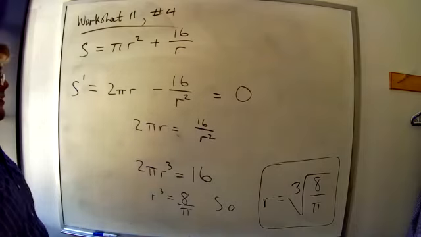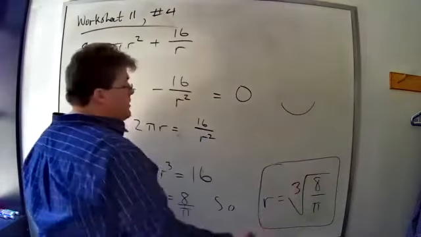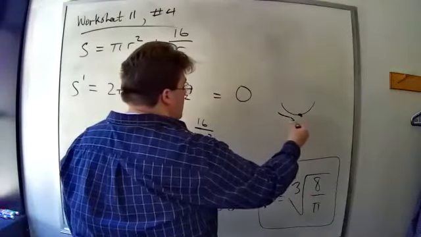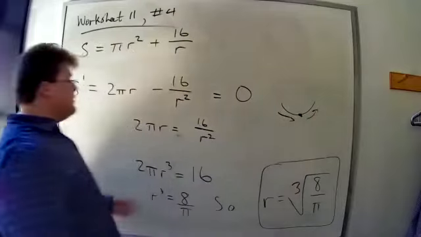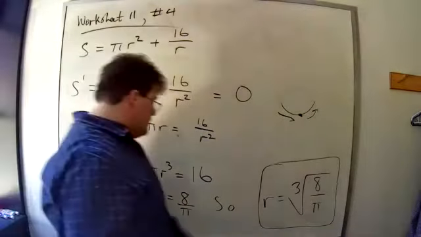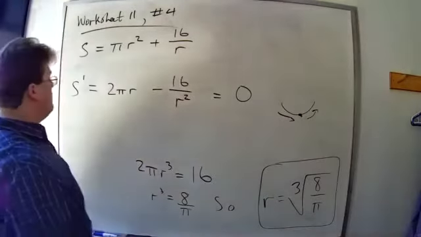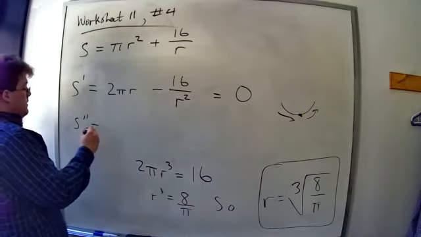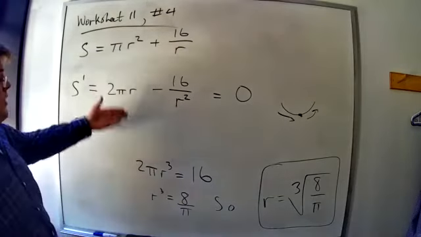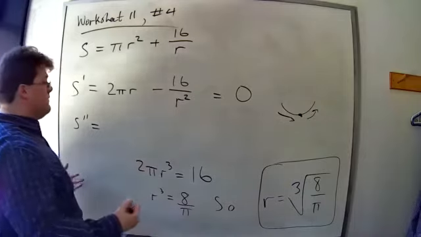Okay. So now we have to show that this does give a minimum. And you could do a decreasing, increasing argument using the first derivative, looking at both sides. I'm going to use the second derivative again because I like that computation more. What's the second derivative here? Well, 2 pi r is a function to the first power.